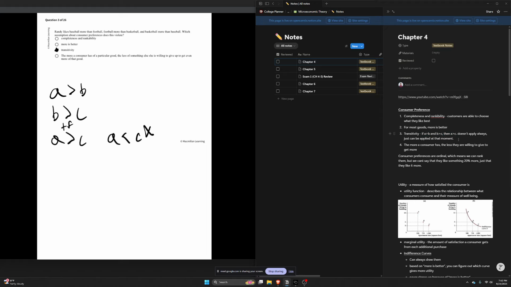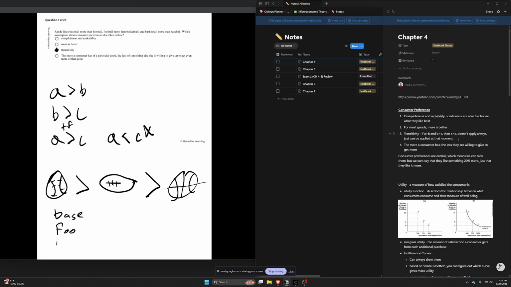And since he says he likes baseball more than football, so baseball more than football. And he likes football more than basketball. He can't like basketball more than baseball because if we were doing like a ranking system, then baseball would be at the top, and football, and then basketball. 1, 2, 3.